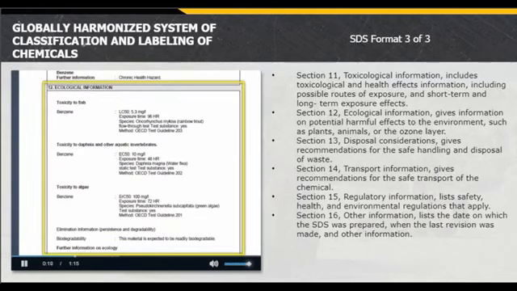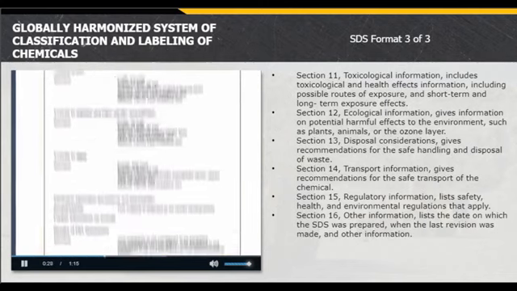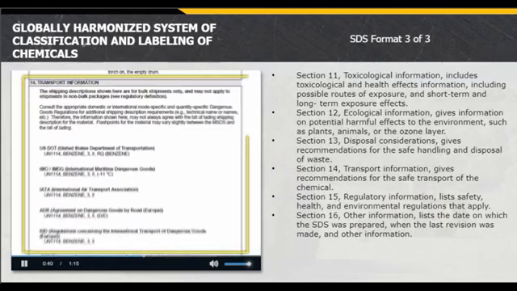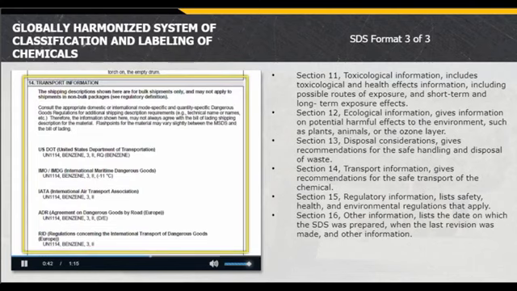Section 12. Ecological information. Gives information on potential harmful effects to the environment, such as plants, animals, or the ozone layer. Section 13. Disposal considerations. Gives recommendations for the safe handling and disposal of waste. Section 14. Transport information. Gives recommendations for the safe transport of the chemical.